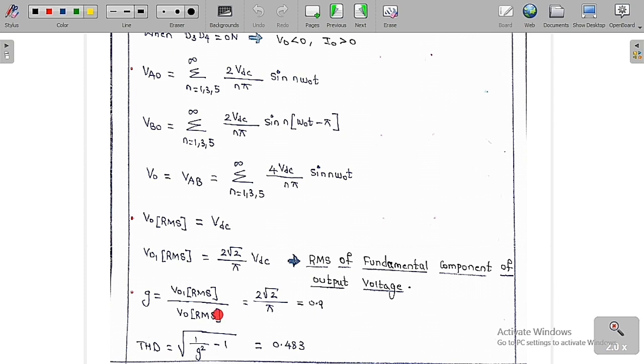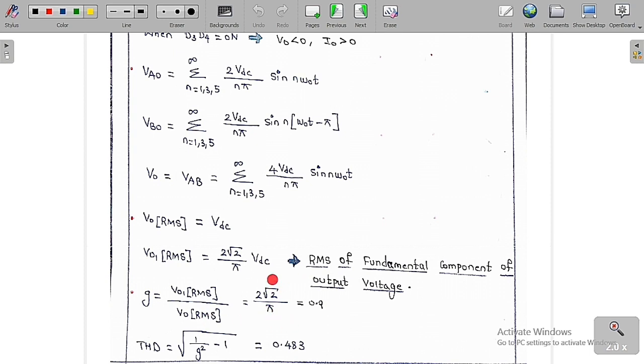If you want to know the distortion factor for this output voltage, it is simply the RMS value of the fundamental component of the output voltage divided by the RMS value of the overall output voltage. The RMS value of the fundamental component is 2 into root 2 by pi VDC, whereas the RMS value of the overall output voltage is VDC.